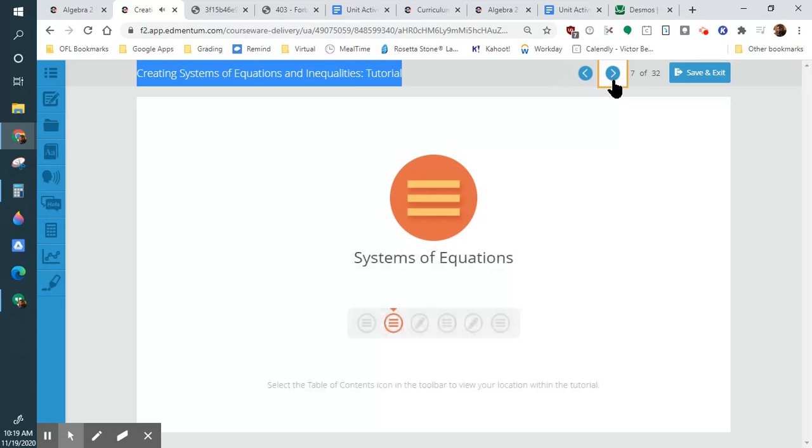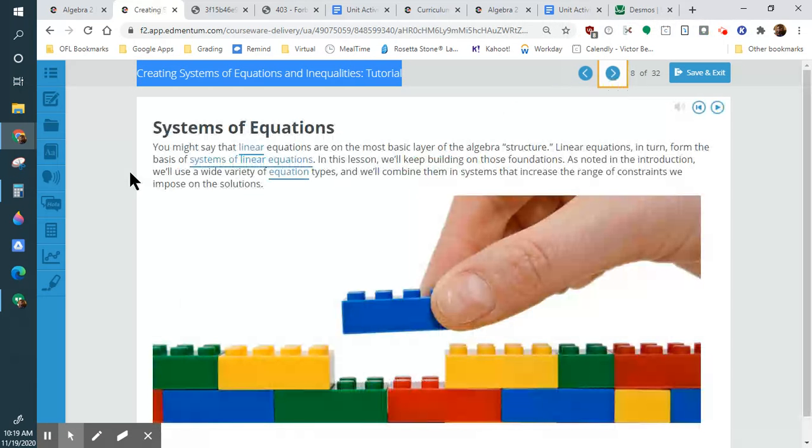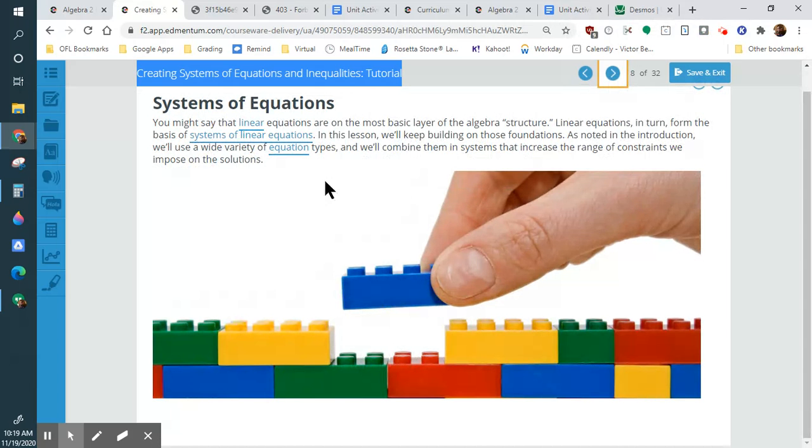All right. So, system of equations. The idea of a system of equations is just two graphs. Right now we've only really dealt with linear systems of equations, and where they meet up, that's where it satisfies the conditions. This unit, we're going to talk about inequality.